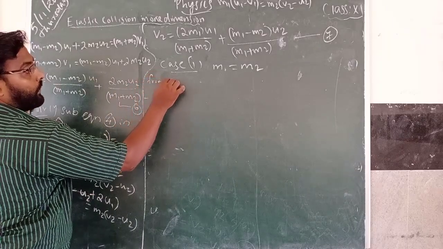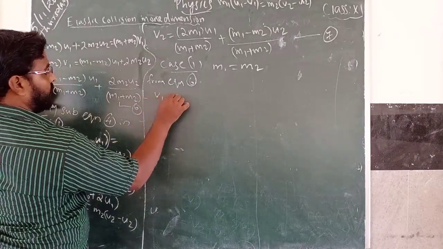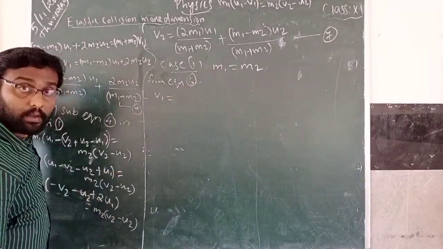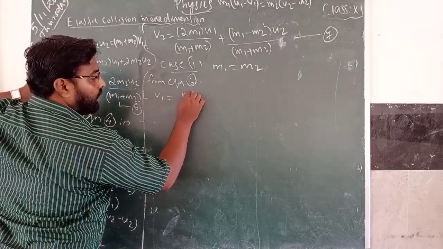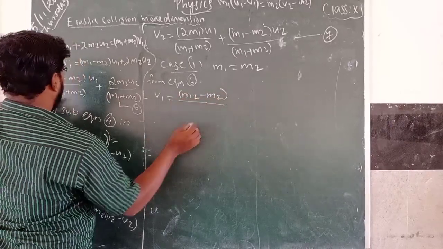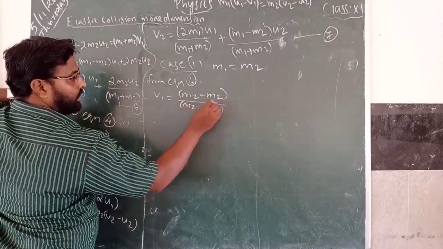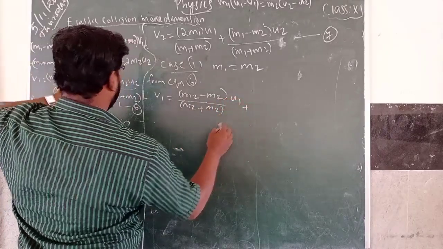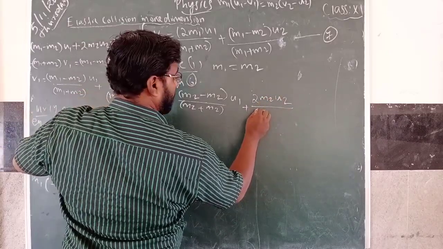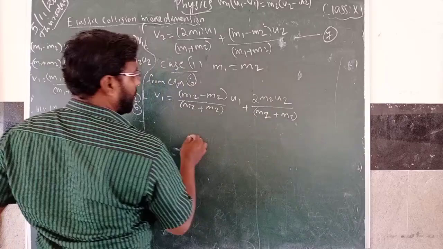From equation 6, V1 equal to, instead of this M1, since the case is M1 equal to M2, you have to put M2: (M2 minus M2) divided by (M2 plus M2) into U1 plus 2 M2 U2 divided by, instead of M1, M2 plus M2.